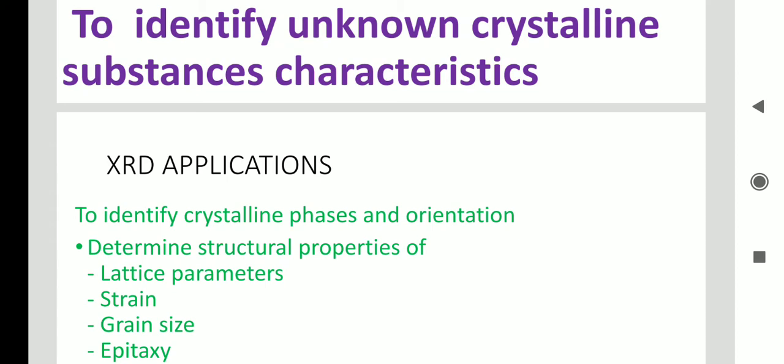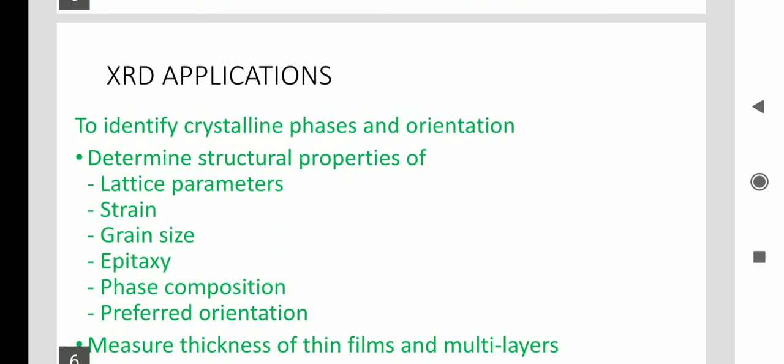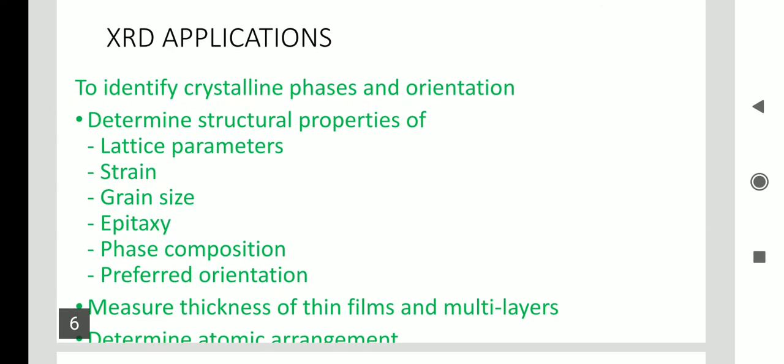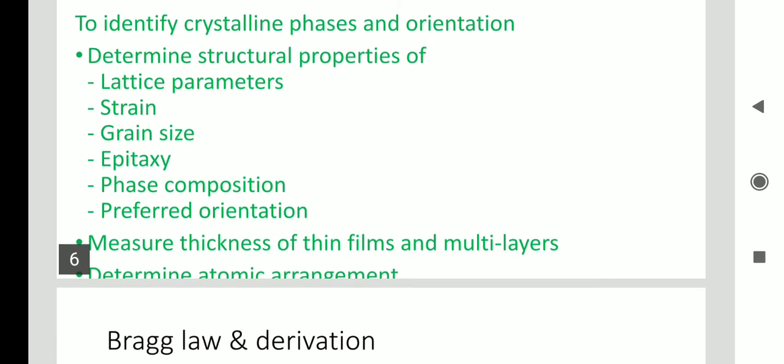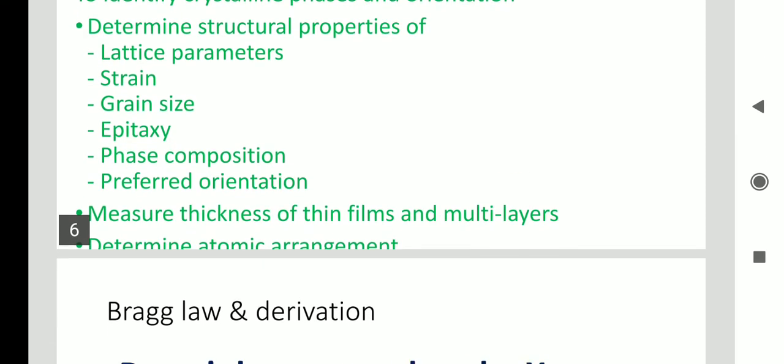To identify crystalline phases and orientation, to determine structural properties like lattice parameter, strain, grain size, epitaxy, phase composition, preferred orientation, thickness of thin films and multilayers, and determination of atomic arrangement.